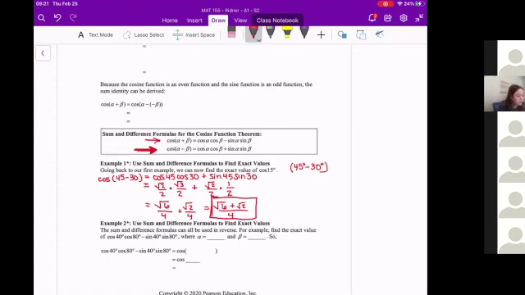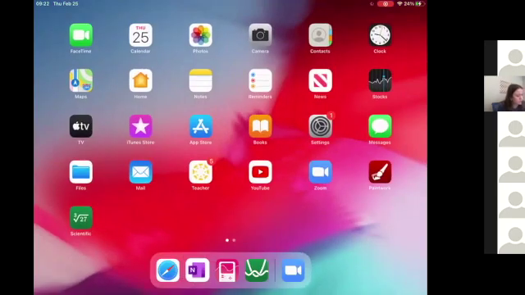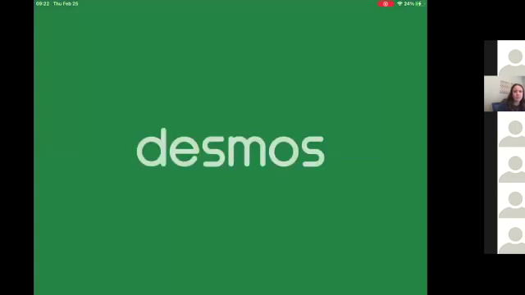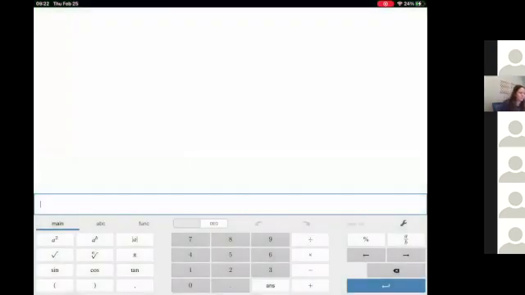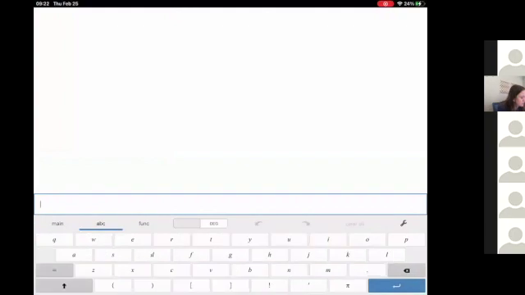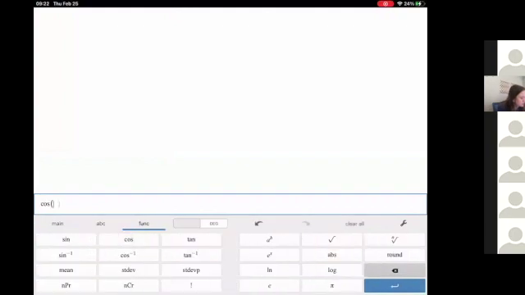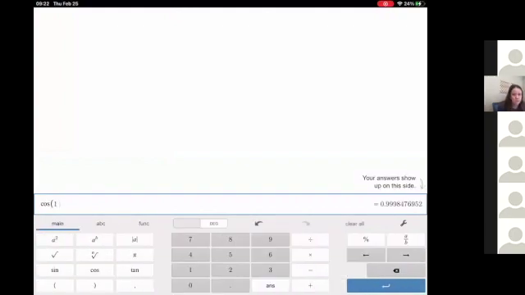And if it were me and I'm taking the test, so it's test day or quiz day, and I'm trying to make sure that I've got it right, then maybe what I do is open up Desmos and first do cosine of 15 degrees. Okay, there's my crazy decimal, right?